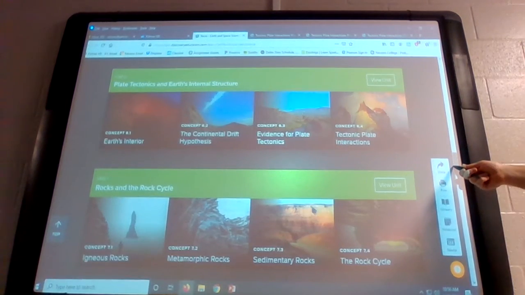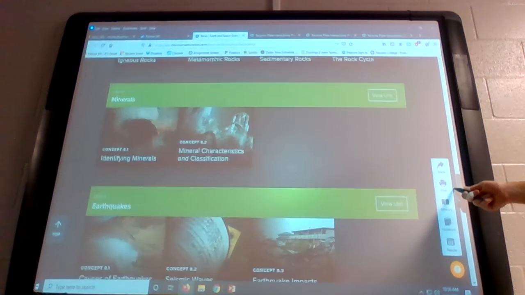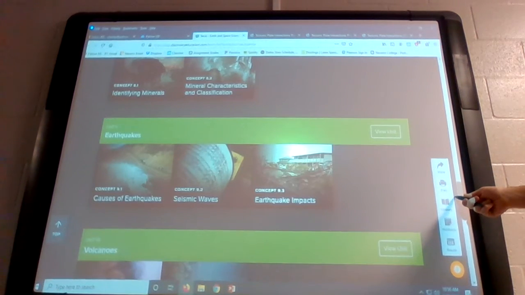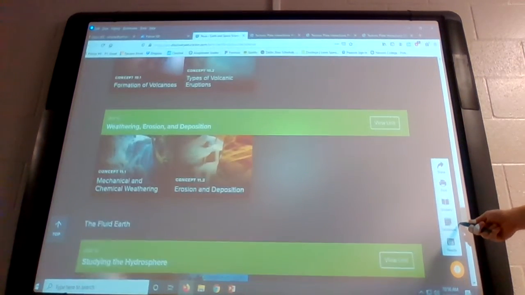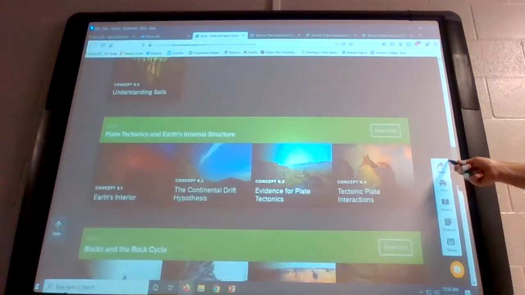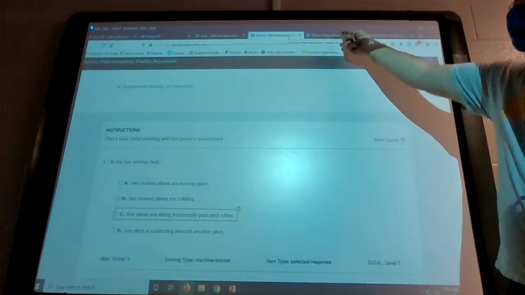I guess it's somewhere in here. Continental drift, evidence for plate tectonics. You got the rock cycle. It's not going to be in earthquakes. Yeah, I don't really know. They don't really have a section over it, so it's possible that it's in here, but I didn't really see any of it.